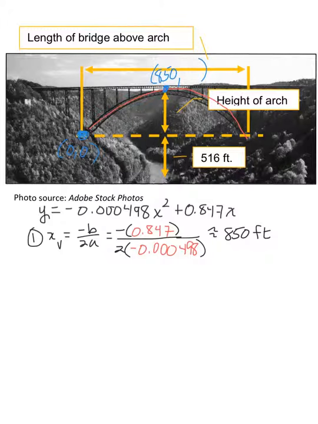the other part. All right, so then step 2, or part of step 1, we still have to finish the y value, and then we're going to put that 850 in here and square it.